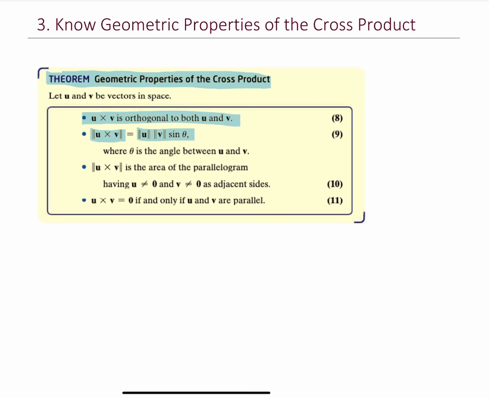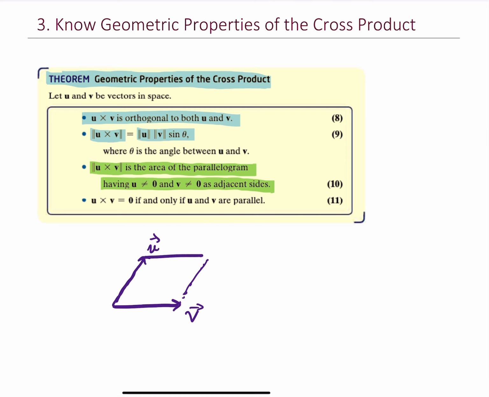Another one that we will use, so we'll work with this one with some examples, is that the magnitude of u cross v is the area of the parallelogram having u and v as adjacent sides. What this means is if we imagine some set of two vectors, let's call this vector u and this vector v, we could imagine some copies of these creating a parallelogram.